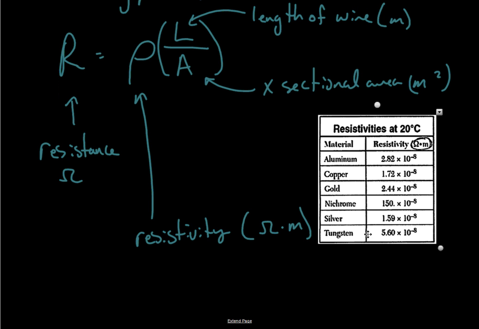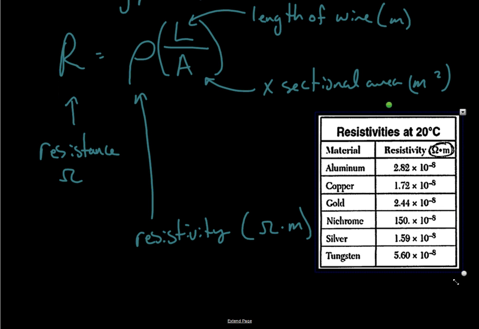Okay, so what I've just added here, guys, if you can see, is the resistivity of some selected metals. The lower the number, the less resistance you're going to have for a given piece of wire that is the same in all aspects besides its nature. So if you look, the lowest resistance is copper. There's often some confusion. People are often under the impression that gold has the lowest resistance of any metal.